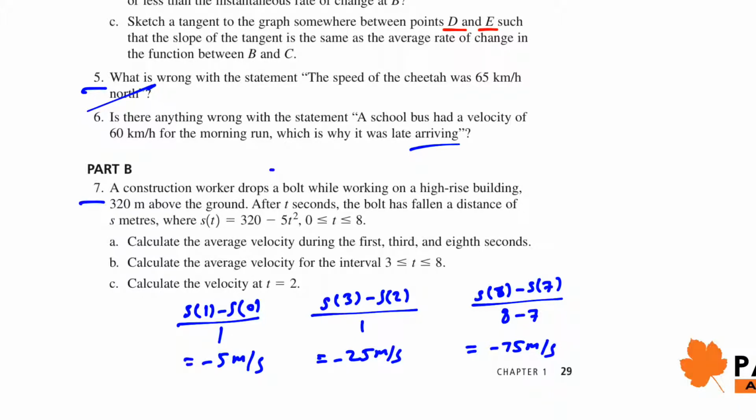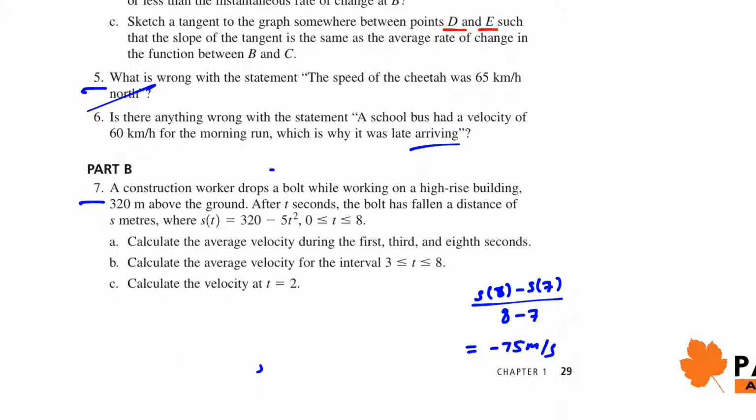It is s(8) minus s(3) divided by 8 minus 3. s(8) is 320. s(3) is negative 45. Divided by 5, we find negative 55 meters per second.